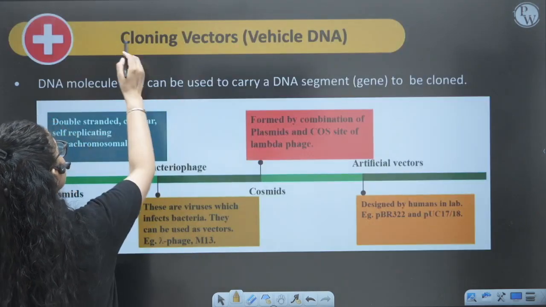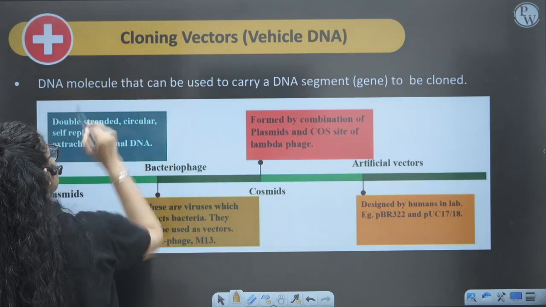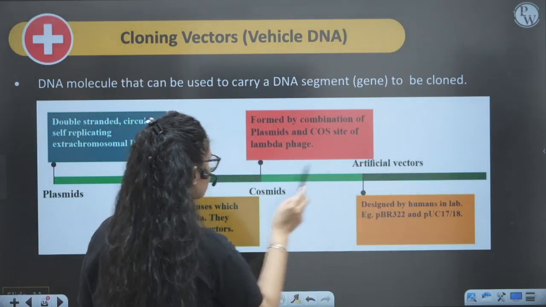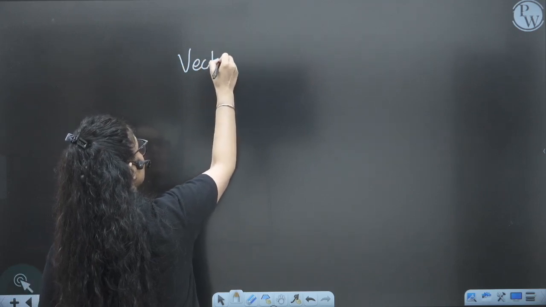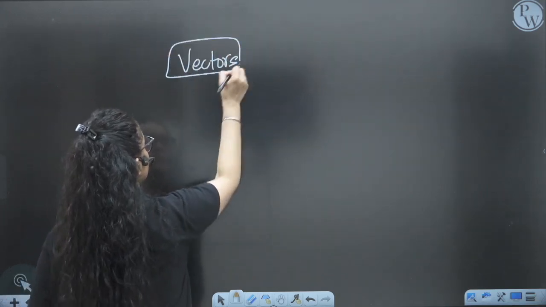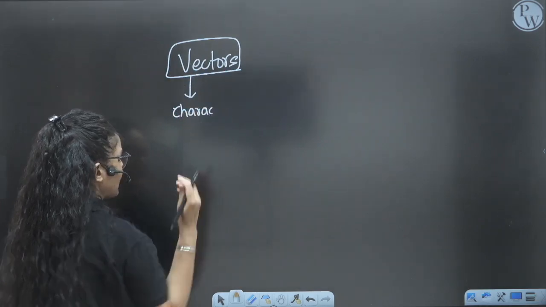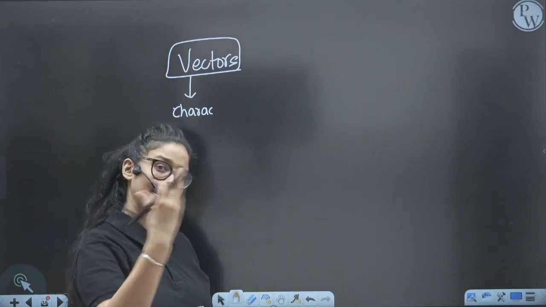Now the other way, using a vector. Let's discuss the different types of vectors that we can use, and what the characteristics of an ideal vector are. NEET question, right? What is a vector? A vector is a piece of DNA that is able to carry our gene of interest into the host.